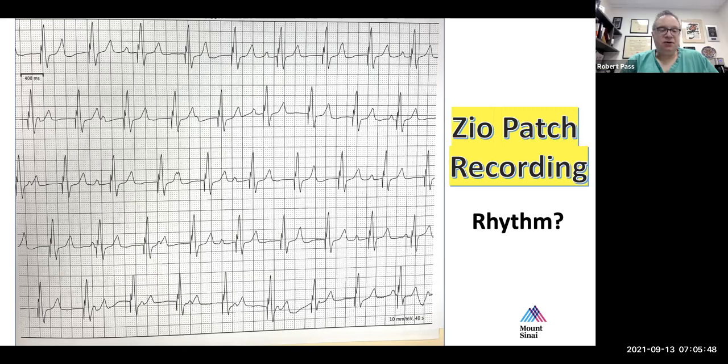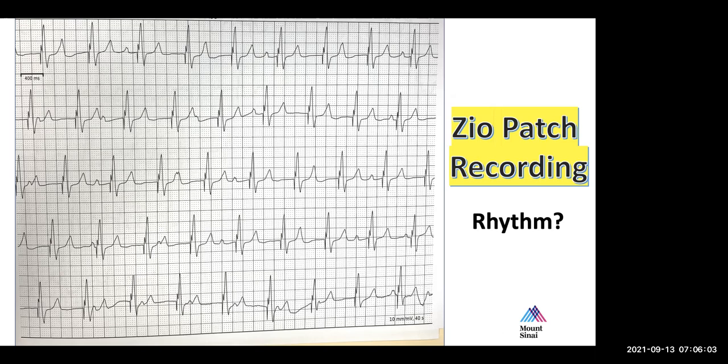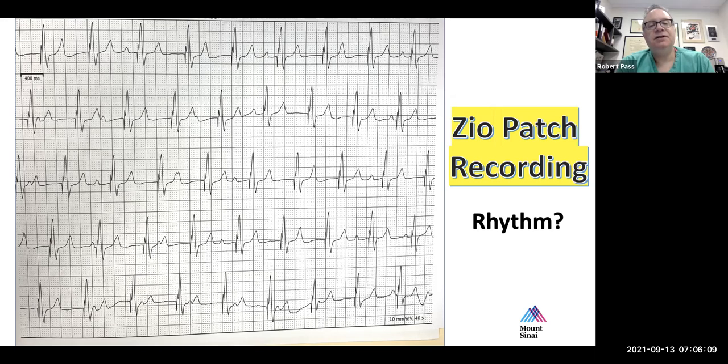So that's correct. So is there any kind of consistent relationship you can draw between the P waves and the QRSs in this particular individual? No, so they're completely dissociated. So they're completely dissociated.